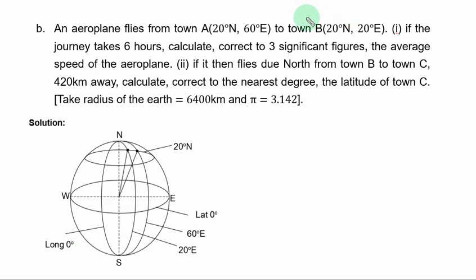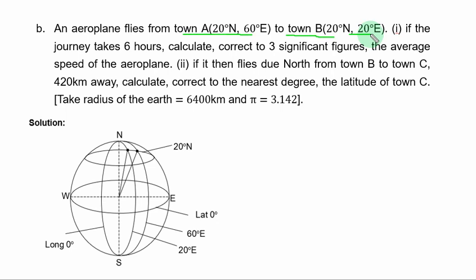Question 13b. An aeroplane flies from town A, latitude 20 degrees north, longitude 60 degrees east, to town B, latitude 20 degrees north, longitude 20 degrees east. Roman figure 1.